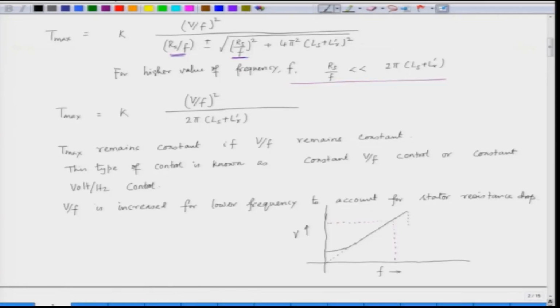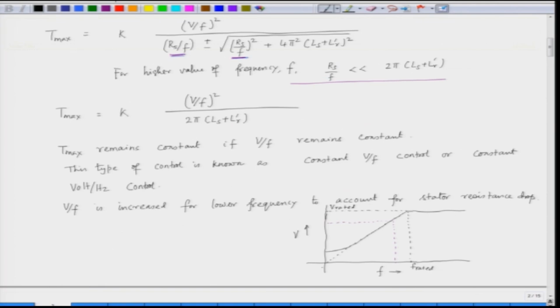So, beyond the rated frequency, f rated, we get V rated. After that, we do not increase the voltage.